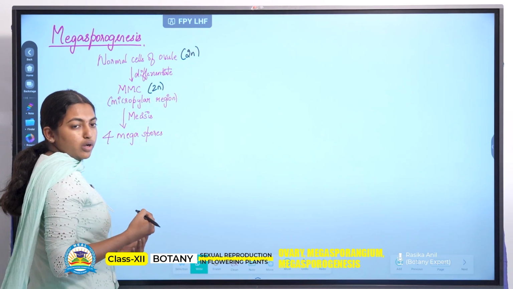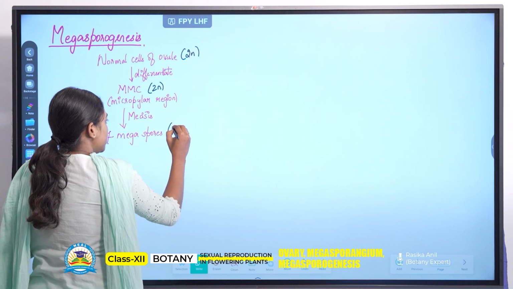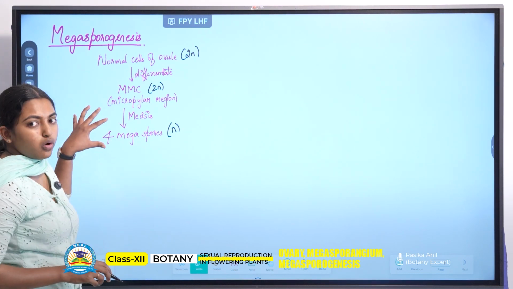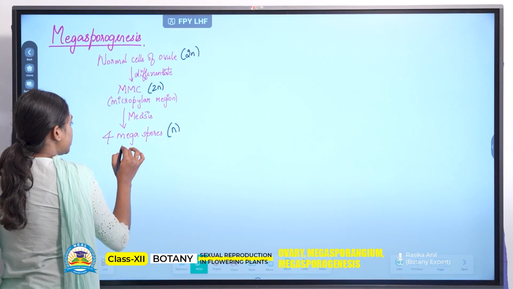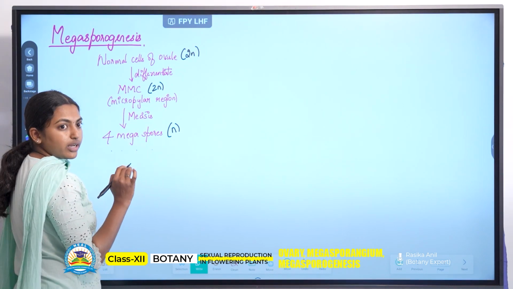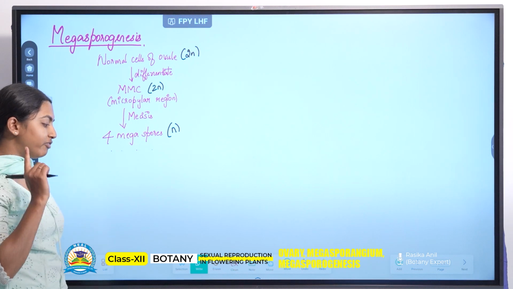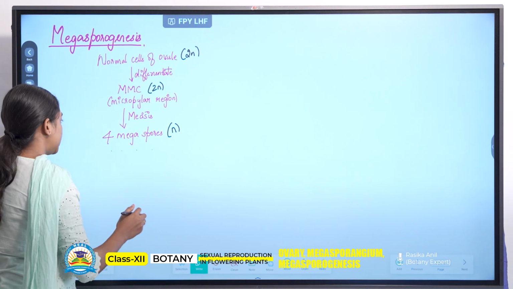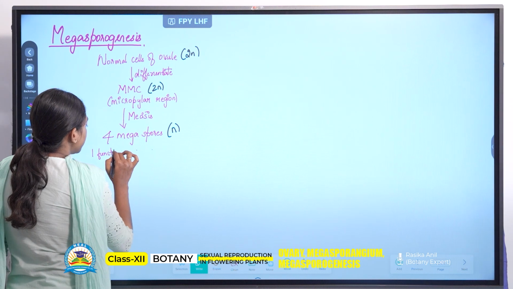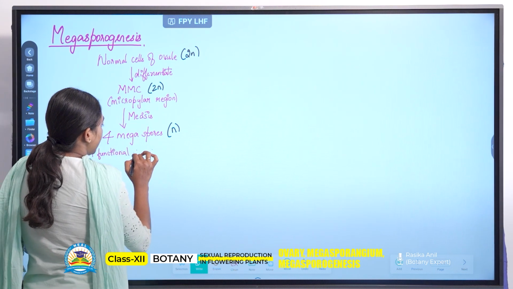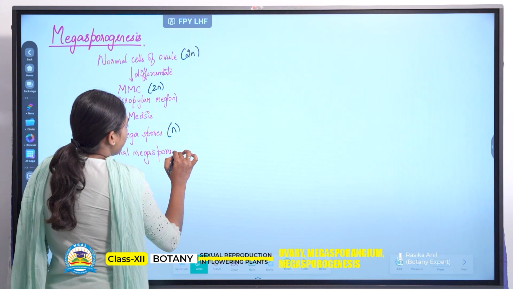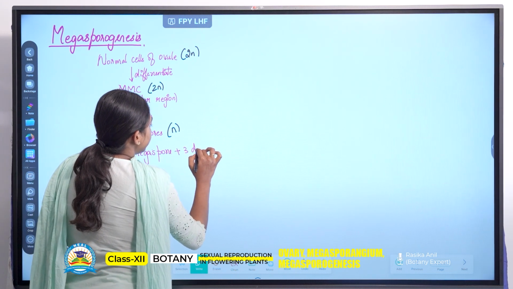When it undergoes meiosis, definitely it is going to reduce the chromosome number, so this is n, right. So out of these 4 cells, 1 2 3 4, 3 of them will degenerate and you will end up having only one functional megaspore, whereas the 3 will degenerate.